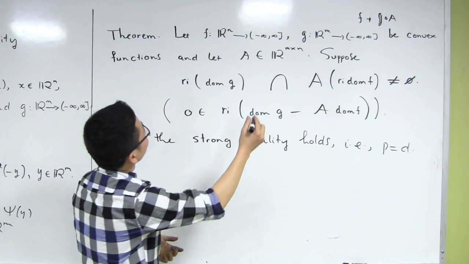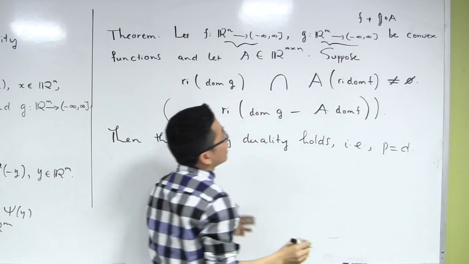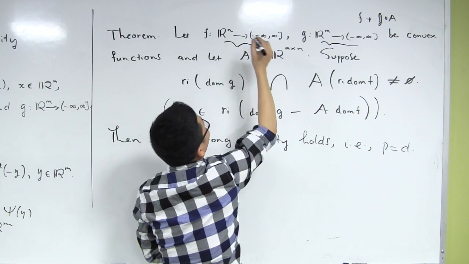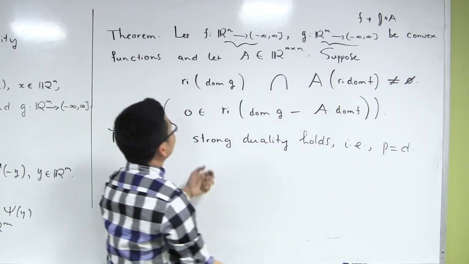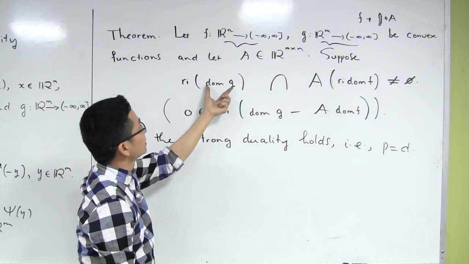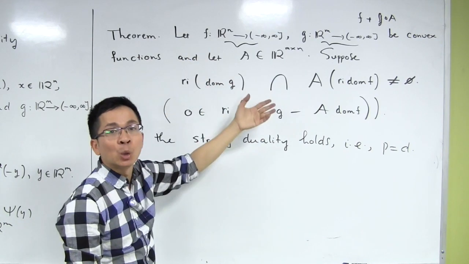Now, if f and g here are real valued functions, that means they are functions from Rn to R and Rm to R, then the domain of the function g here is the whole Rm. So the relative interior is the whole Rm.